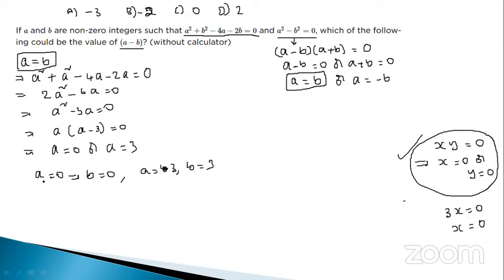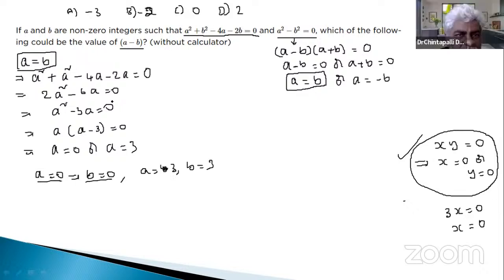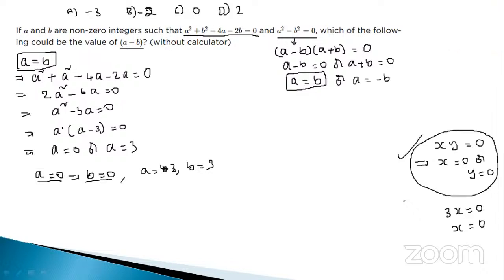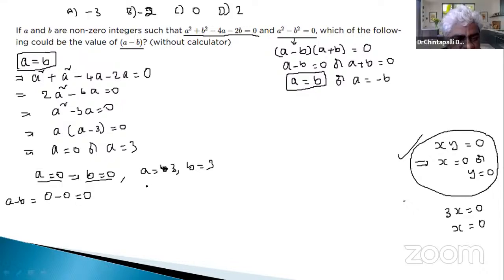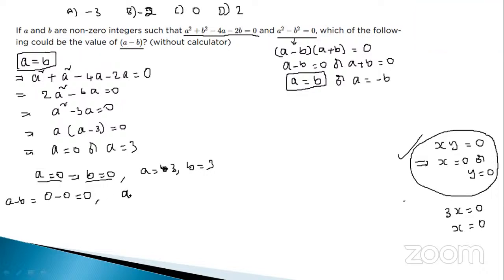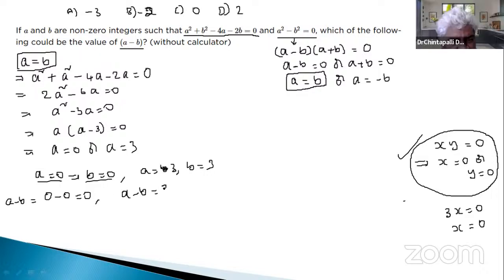So if a is equal to 0 and b is equal to 0, the required value is a minus b, that is 0 minus 0. And if a is equal to 3, b is equal to 3, 3 minus 3, that is also 0. So one result is 0, right?